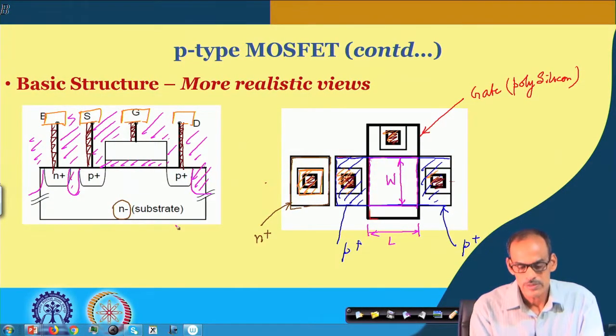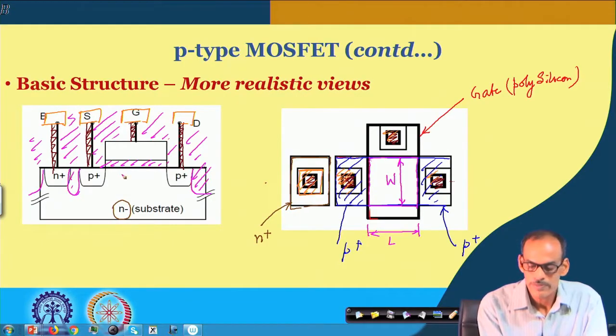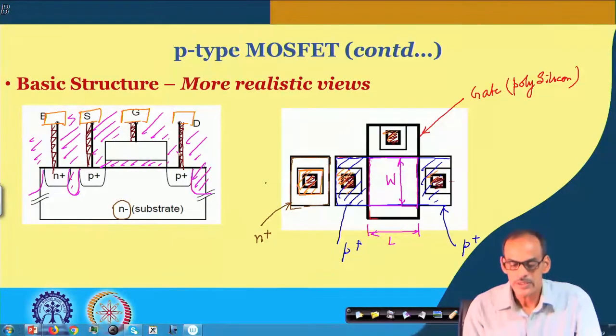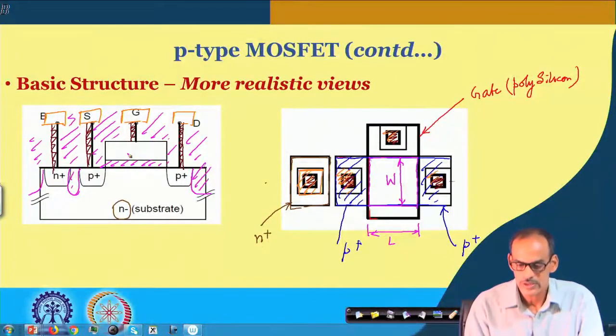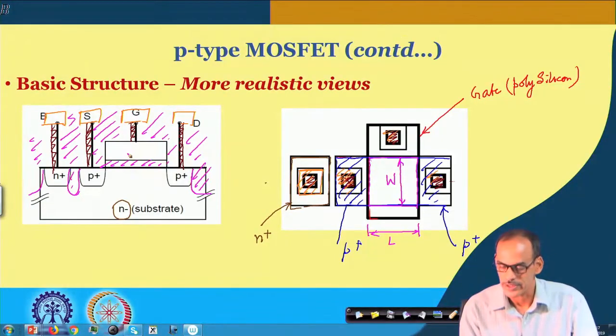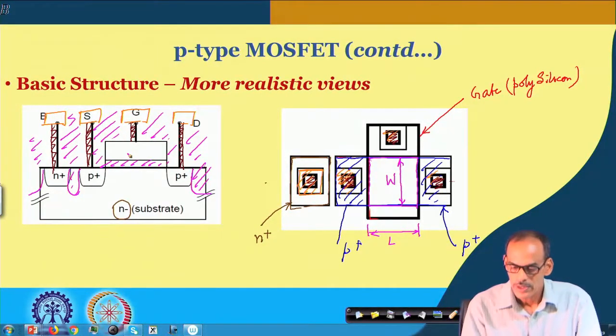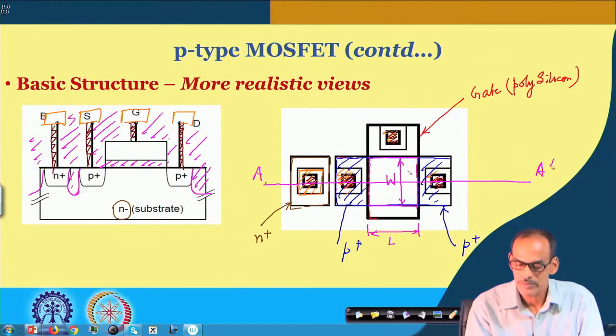So, that is, as I said, the more realistic view, but we may not be really going into detail of this structure again and again. Rather, we will prefer to follow the simple cross sectional structure to explain the working principle of the circuit. In fact, this cross sectional view is along this axis, may call A dash, but you might be observing that along this axis this portion is not really getting cut.